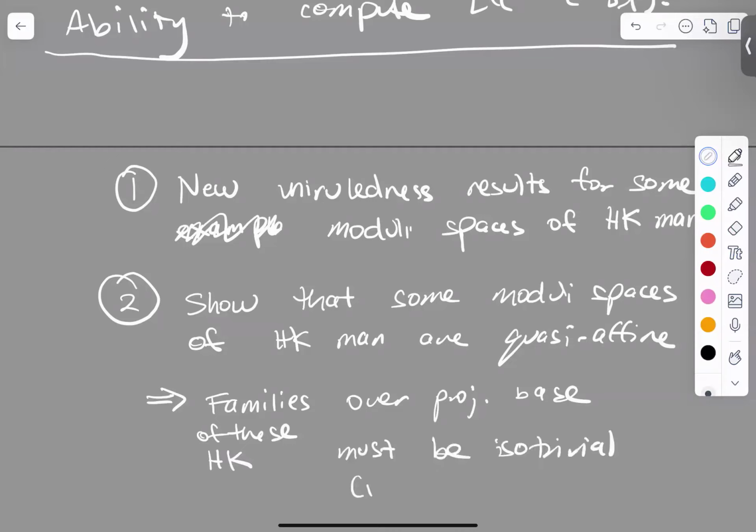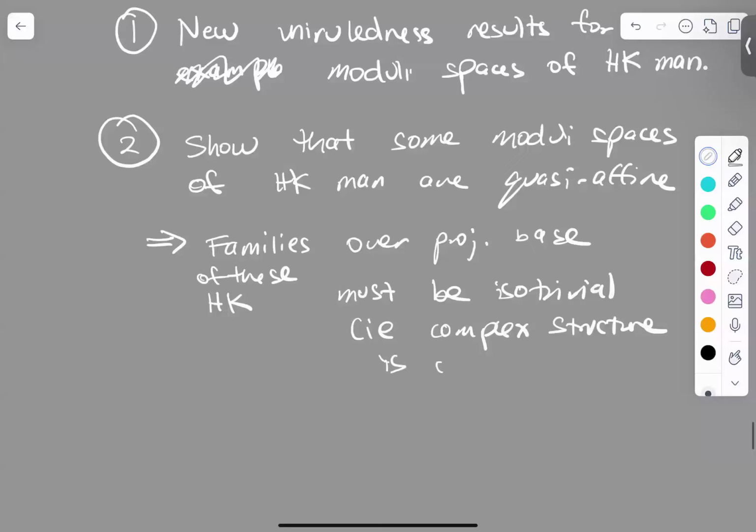So meaning, i.e. the complex structure is constant. Right, so somehow from a varieties point of view, that's telling you that the variety doesn't change in the family. It's like a trivial family of varieties.